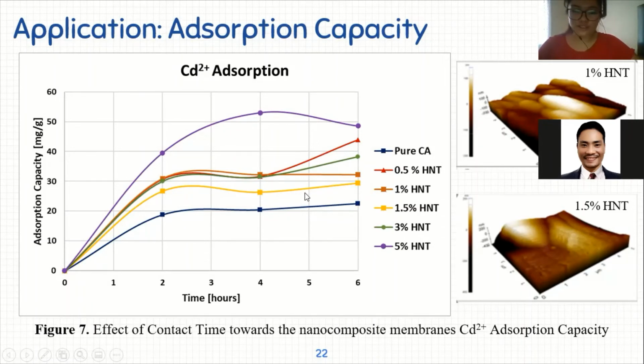Even if 1.5% did have a higher amount of HNT, based on the surface morphology, 1.5% HNT yielded a membrane that had a lesser number of peaks and valleys. With our 1% HNT, because it has more valleys, there's more area for our fluid to be retained, for it to be entrapped. Therefore, there are more chances of cadmium ions being trapped as well and adhering to the surface of the membrane.